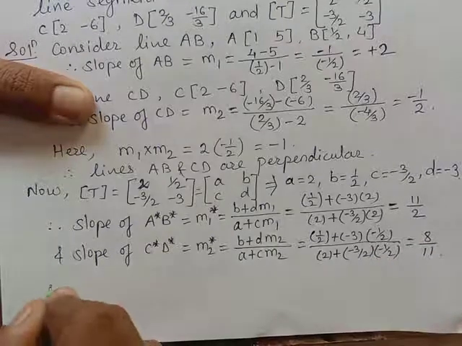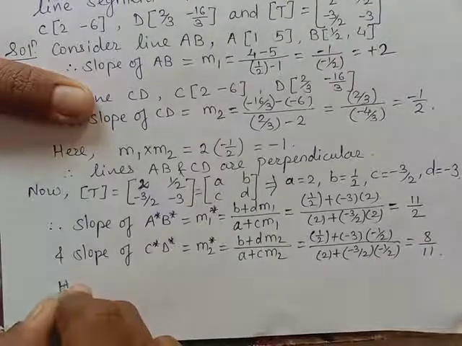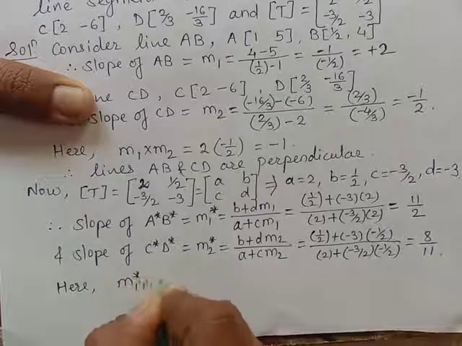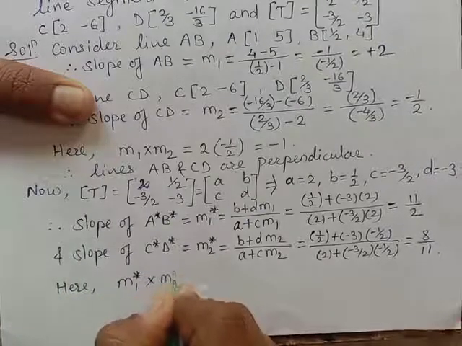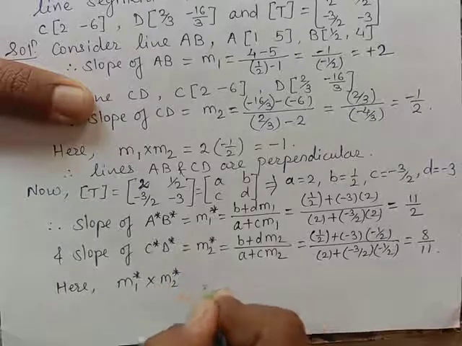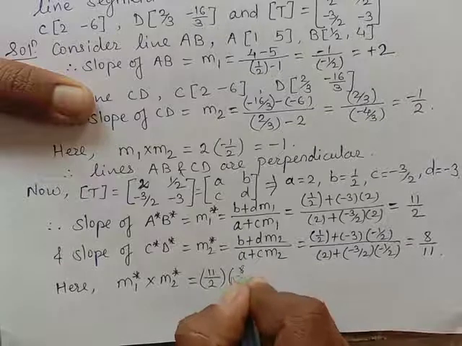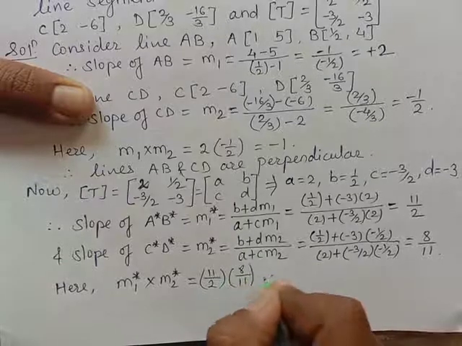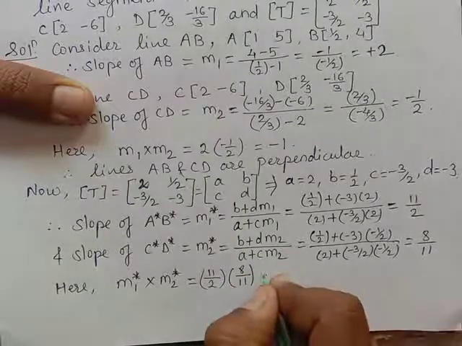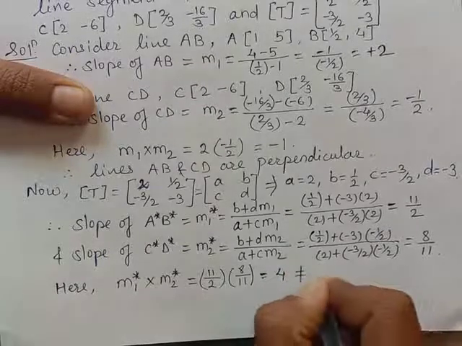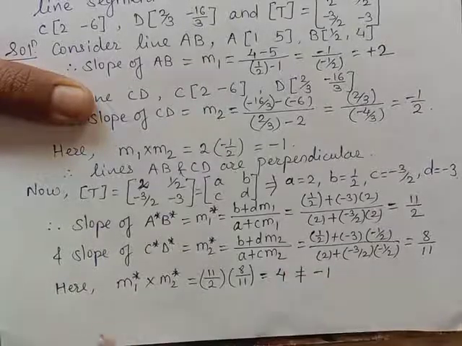Now, here, what about m1 star product with m2 star? So, it is 11 by 2 into 8 by 11. So, that is nothing but 4. It is not equal to what? Minus 1.